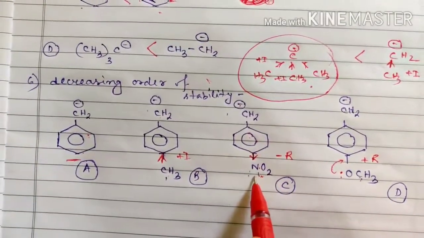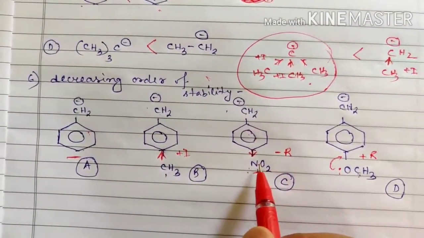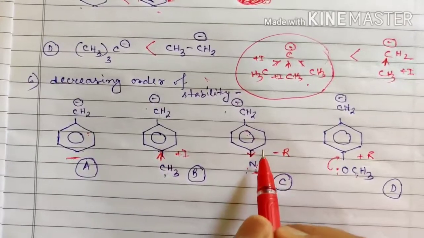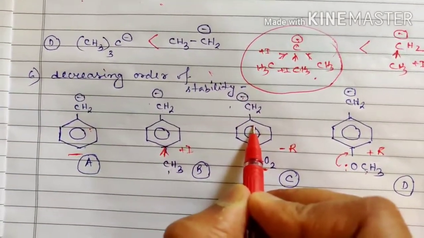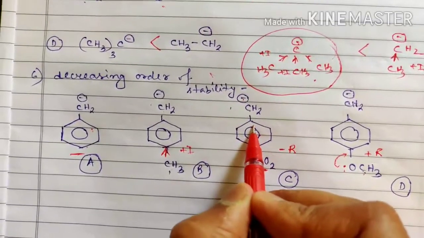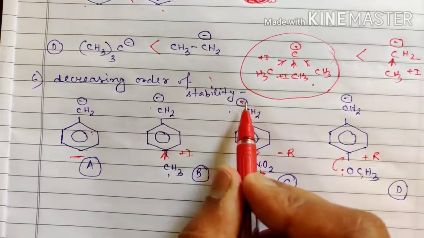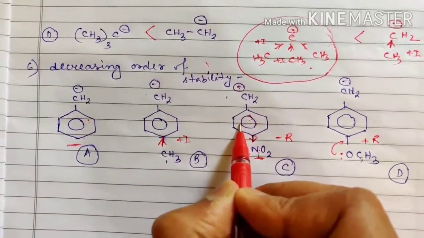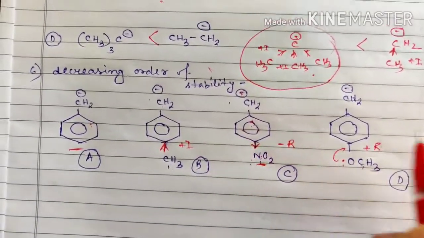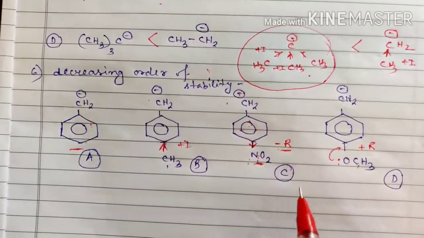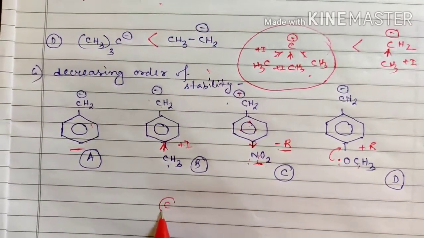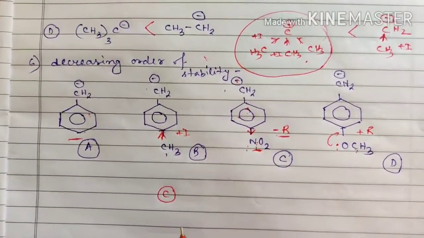That means the more the capability of withdrawal by this group, the more the electron deficiency within the ring, and the ring will have the capability to take this negative charge within it to further stabilize the product. So here this one, C, will be the most stable one.